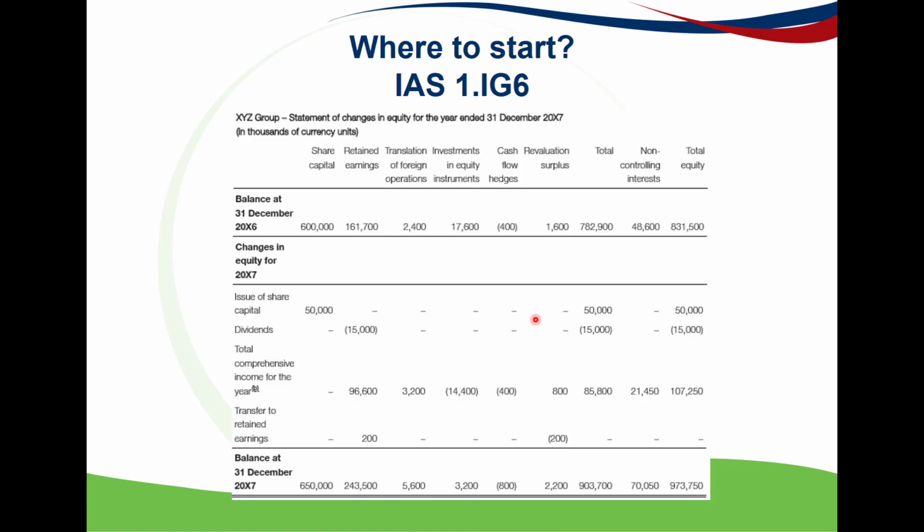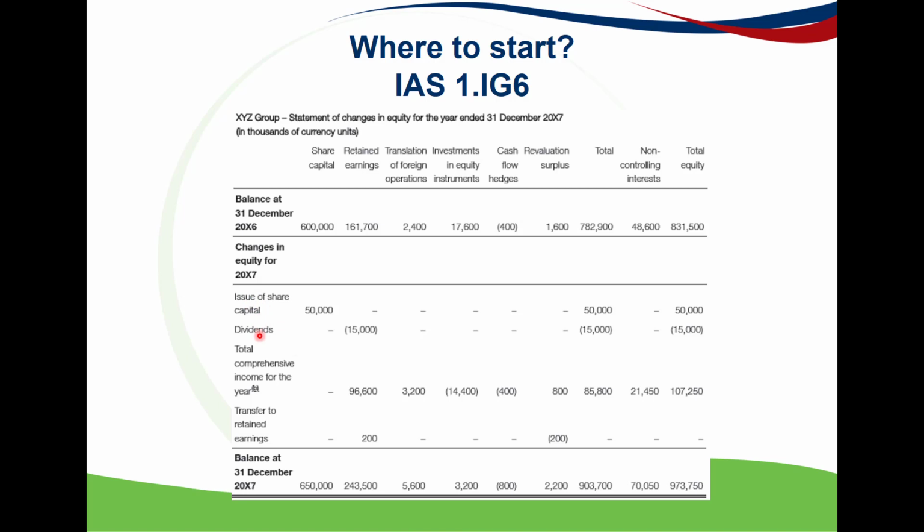So again, where do we start? The same place, IAS 1 Implementation Guidance 6. They provide us with a very comprehensive statement of changes in equity, column-wise, where it's share capital, retained earnings, etc. But we know we only need to do those 3 columns. And then they provide us with some information with regards to what is required in the statement of changes. For our purposes, we know there were no changes in share capital.